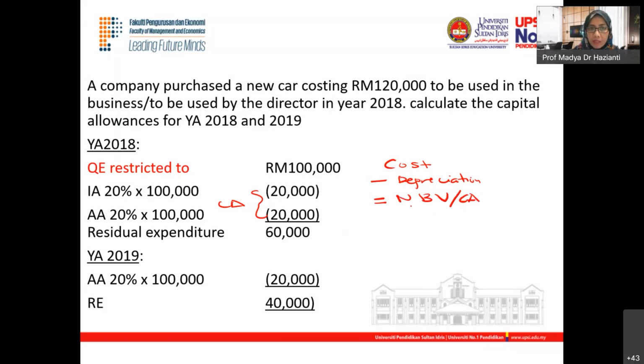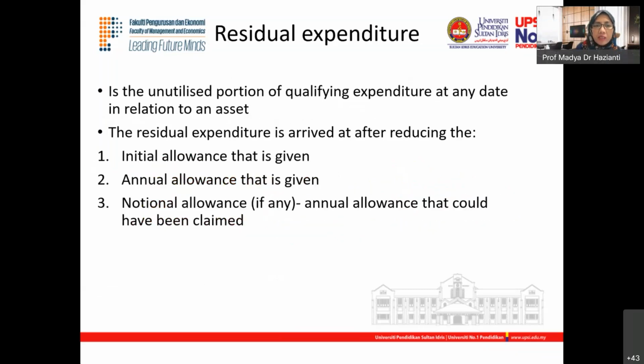So samalah in taxation, namanya is residual expenditure. Konsepnya ialah sama dengan net book value. So kalau tengok dekat sini, alright. So unused portion, any date, residual expenditure is arrived after reducing the initial allowance, annual allowance and notional allowance kalau ada. Ini biasanya tak adalah, kita kira dua ni je.